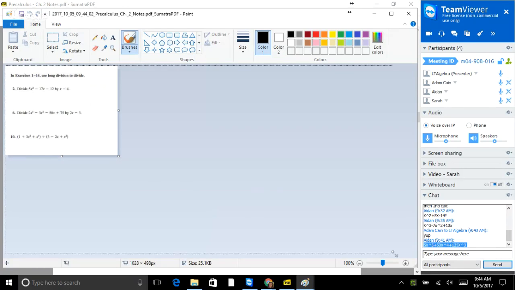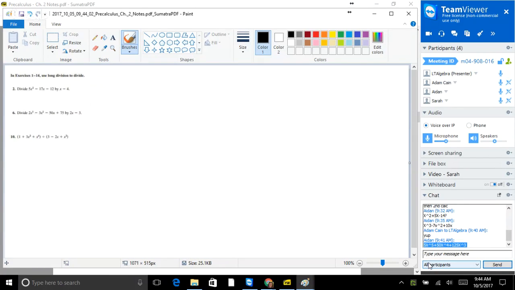In exercises 1 through 14, use long division to divide. So we have 5x squared minus 17x minus 12.